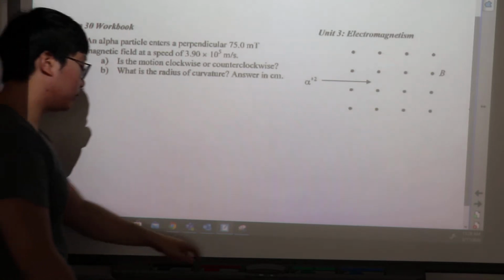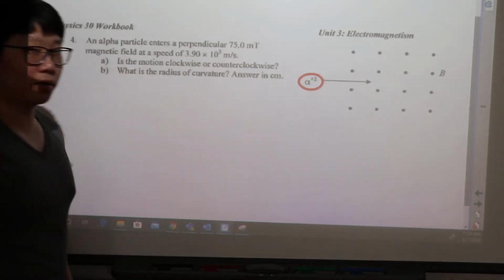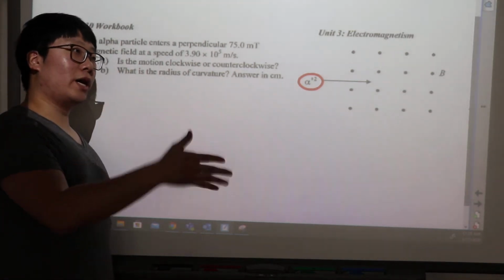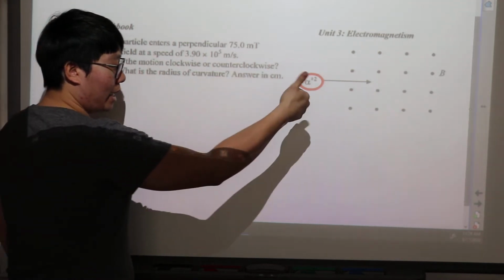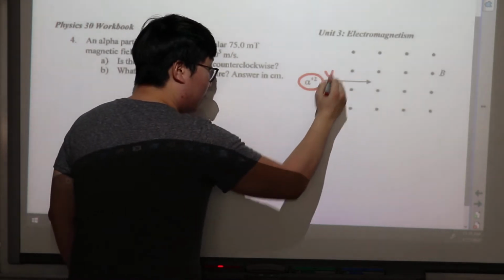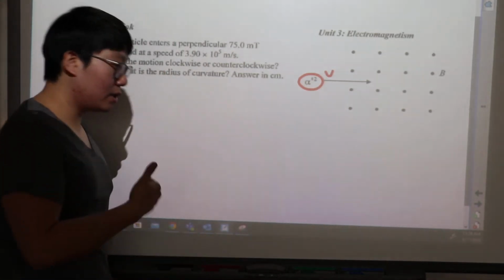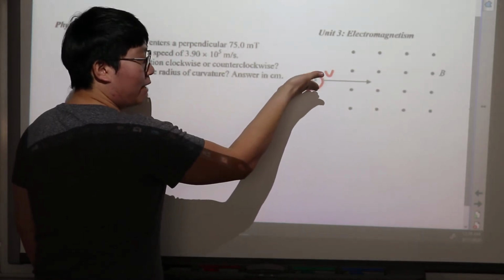First thing first, alpha particles are positively charged particles, which means you need to use the right hand rule. So instead of left hand, I'm going to use my right hand, and my thumb represents where this V speed direction is, which is thumb to the side. Now forefinger, I have two choices.